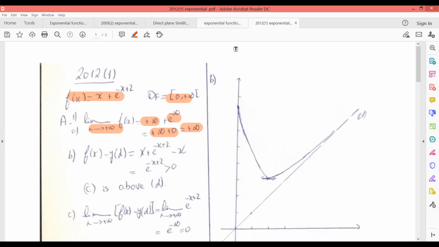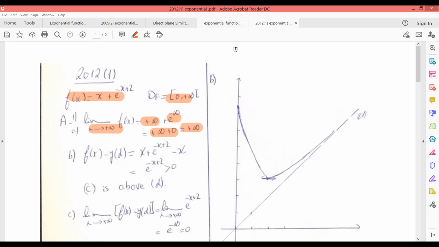Part C, how to verify that D is an asymptote to C. How to prove oblique asymptote? The limit of f(x) minus x. As x tends to what? Plus infinity. The limit has to give 0.